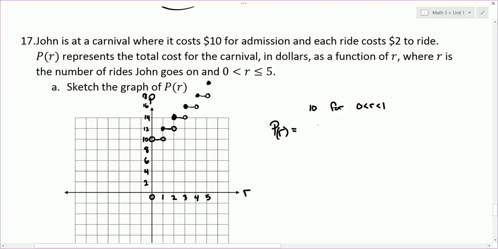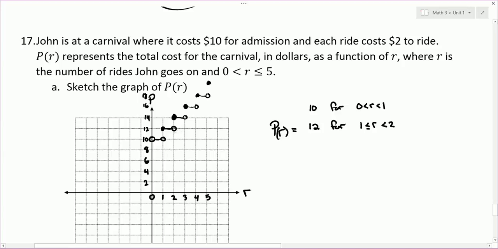Okay. The next part, we're going to pay $12 for r being equal to 1 or less than 2. Again, we have a similar thing here. It's kind of a weird thing with the domain.